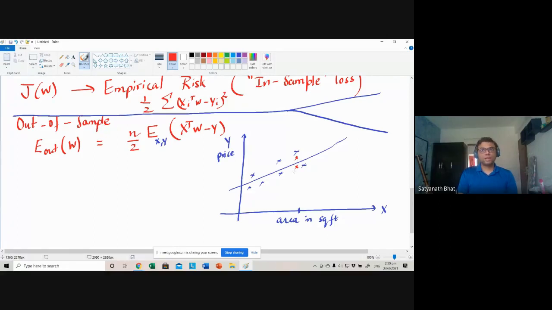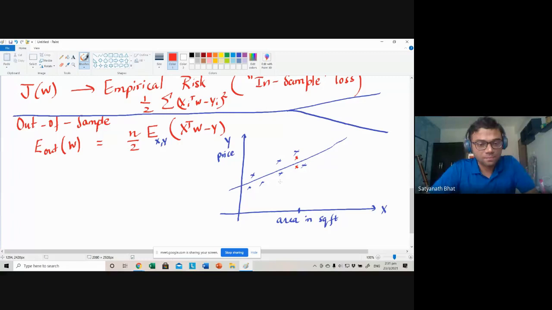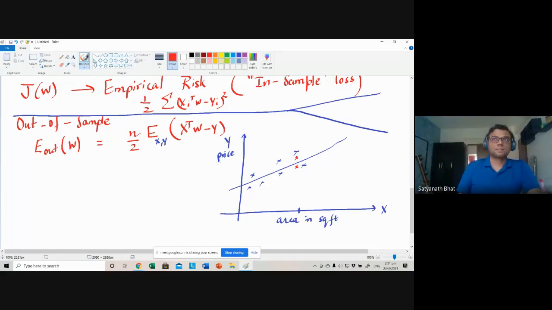Anybody other than Tushar? Thank you, Tushar, for at least saying something. But would anyone else like to say why for a given area you may have two different prices? The price might be affected by some other feature which is not present in our data. Yes.